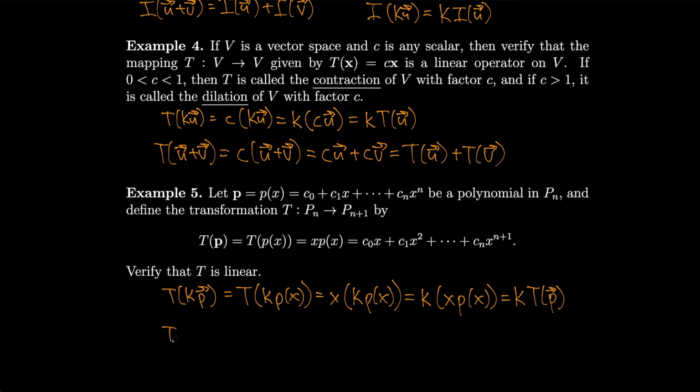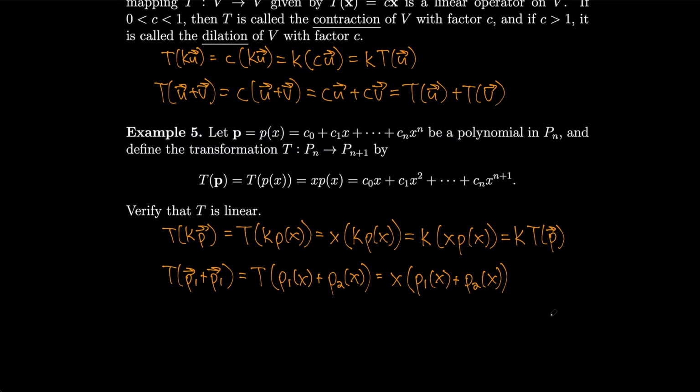Let's look at it for two different vectors. How about P1 and P2? Let's see if we can separate addition. So T of P1 of x plus P2 of x. So that would be x times some polynomial P1 of x plus another polynomial P2 of x.